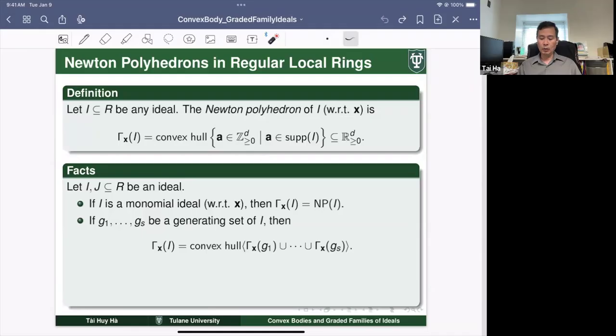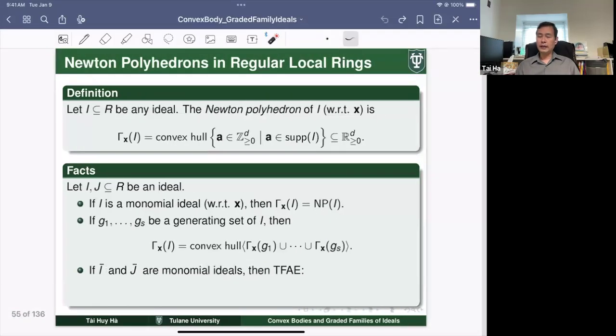It's enough to consider one generating set of the ideal I and look at the supports of each of these elements, or multiples of them, or the ideal generated by these elements, and take the union of those, and then take the convex hull. That is the same as the Newton polyhedron of I.